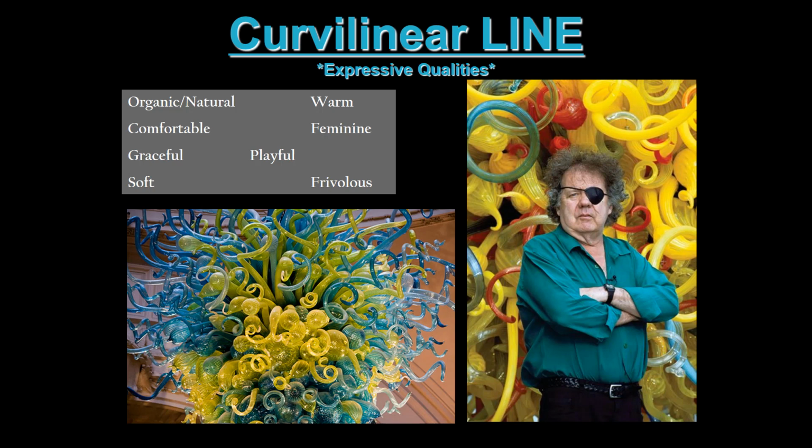So one extra thing to think about, Chihuly not only creates a dynamic expression and a little bit of drama with this use of curvilinear line, but he also creates very soft expression by using something very fragile. It becomes very graceful and feminine and playful looking. But he also uses color and mixes bright colors as a way to reinforce those ideas as well.